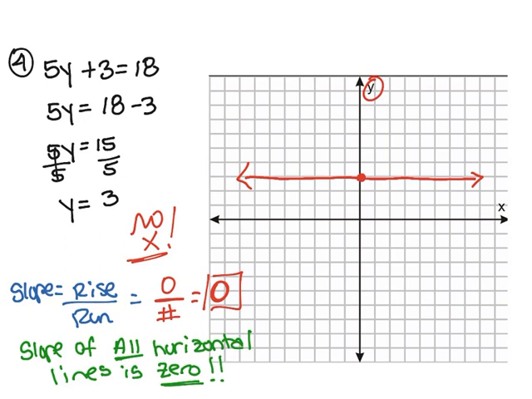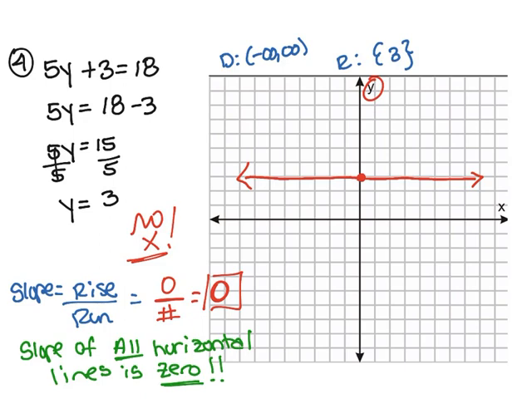Now, I also want to mention domain and range. Now, the domain, we're talking about left and right. This thing is running left and right. So the domain would be negative infinity to positive infinity. However, my range is up and down. And this line is never going to go up or down. It's only going to be at 3.